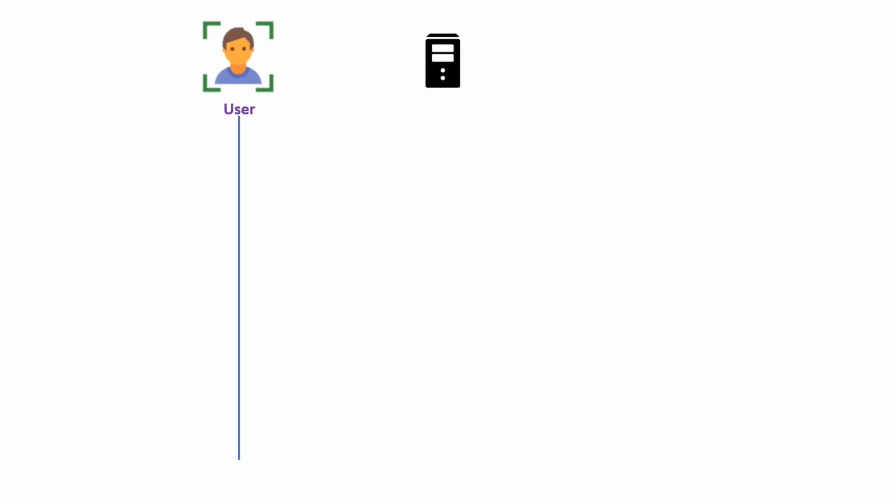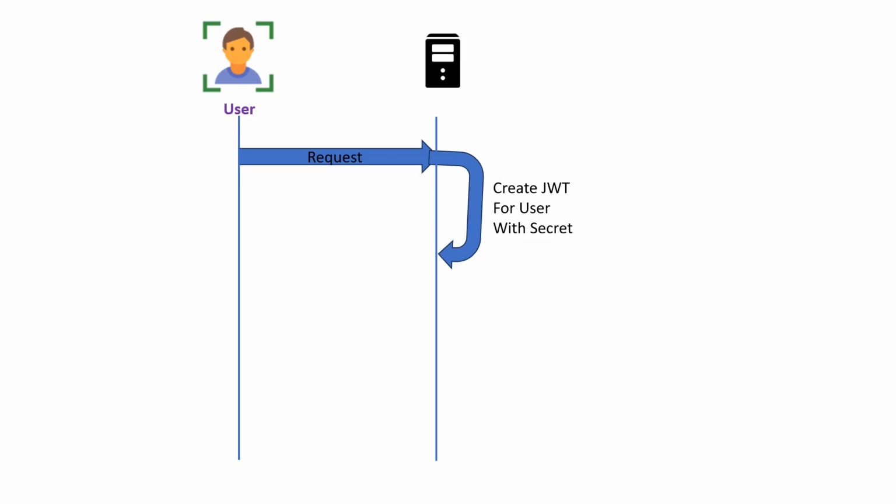Now let's understand the typical exchange of a token between the client and the server. Initially, the client has to authenticate itself, so it will send its ID and password in the request. After it is authenticated, the server will create the JWT token using that same method, taking the header and the payload as input and using its secret, and send it back to the client.